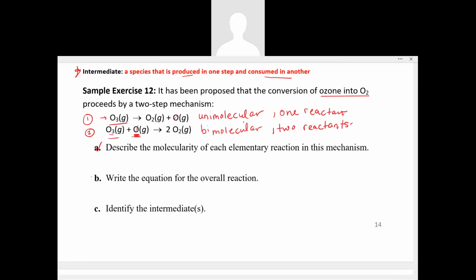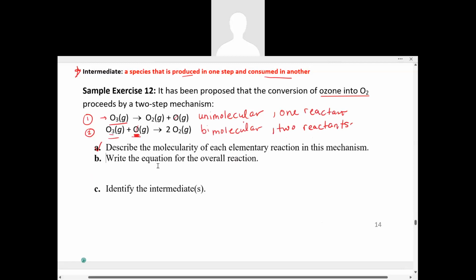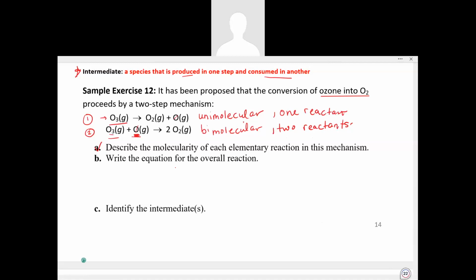Now, if we were to write the overall reaction, we have to add these 2 steps together here. So I'll make a little more room. So what we see, we have O3 gives us O2 plus O, and I'm leaving off the phases just for simplicity. Then we have O3 again plus O, and that gives us 2O2.